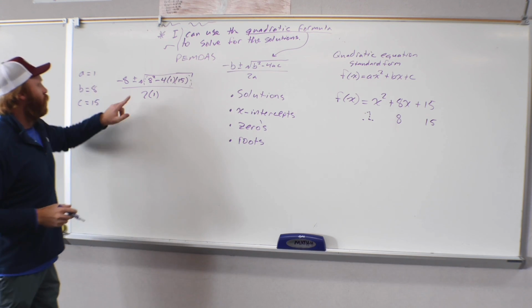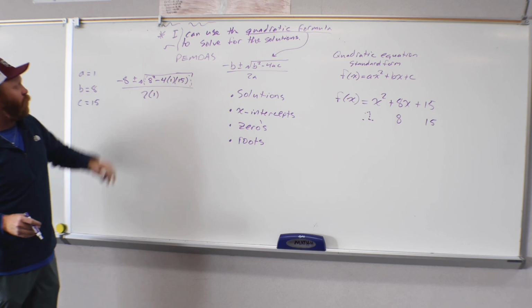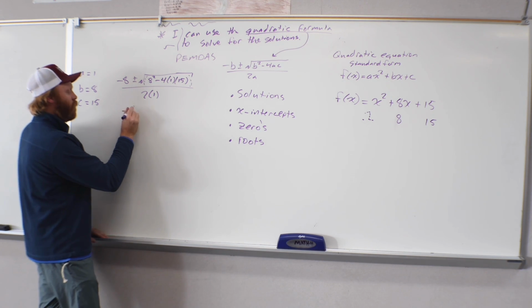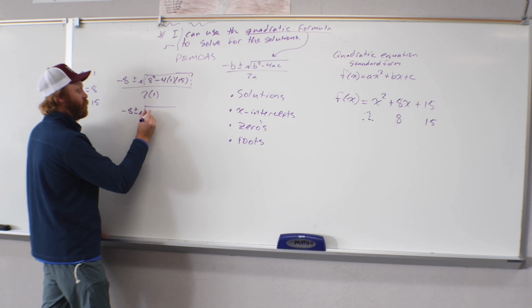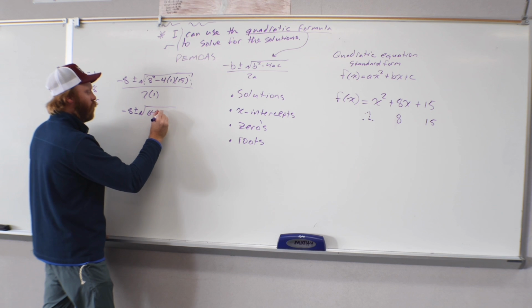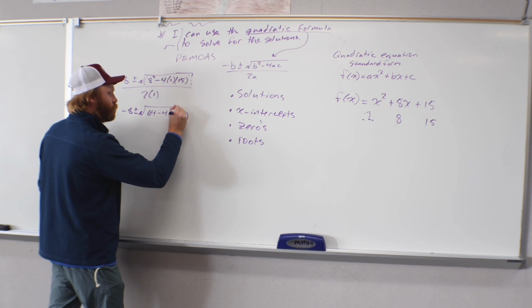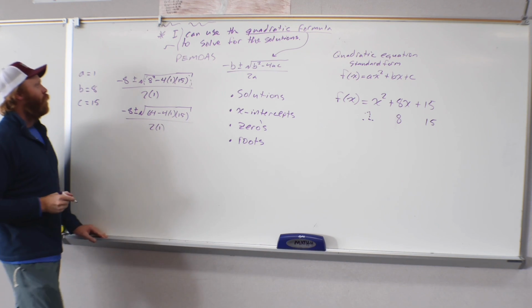Okay, so first parentheses. Inside here we have that set of parentheses, so that's what we work with. Next it says exponents, so we have negative 8 plus or minus the square root of 8 squared, there's our exponent, 64, minus 4 times 1 times 15, all over 2 times 1.